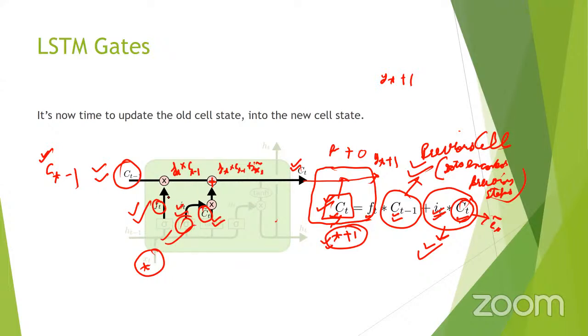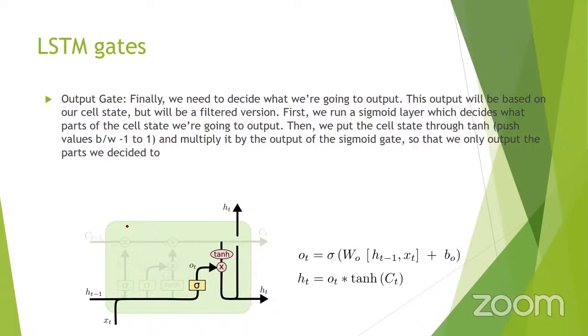Now how to handle your hidden state, the hidden state that I was getting from my previous cell, right? In the beginning, as I said, your hidden state and cell state are interrelated with each other. So for that, your output gate comes into the picture, giving the output to your next cell, your next time step. Basically, this output is nothing but your cell state in a filtered version.